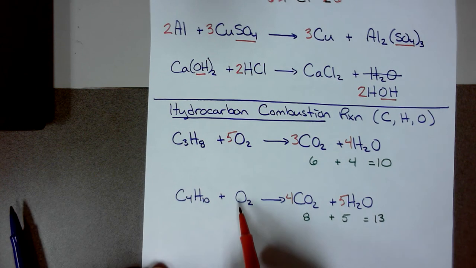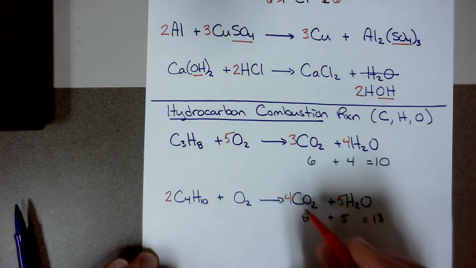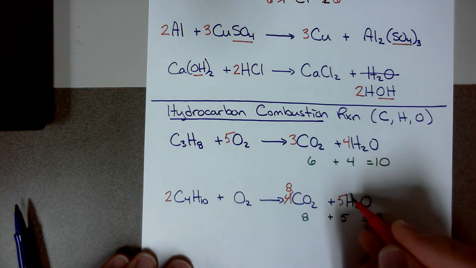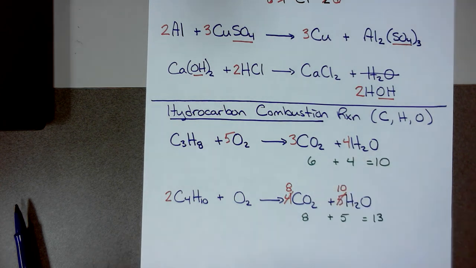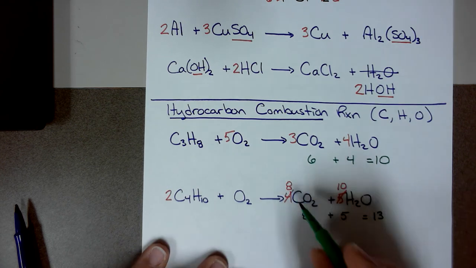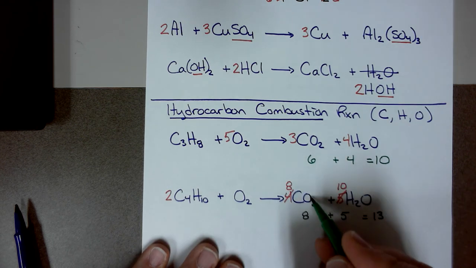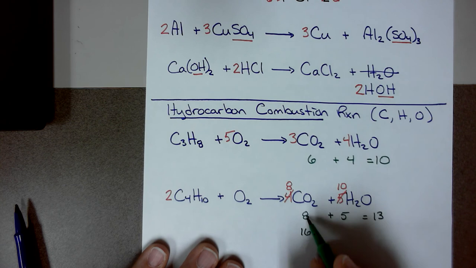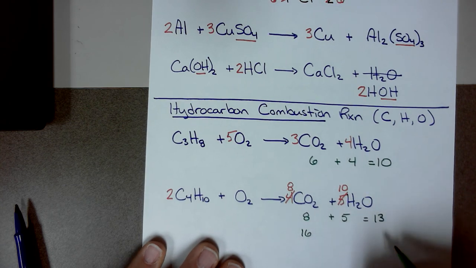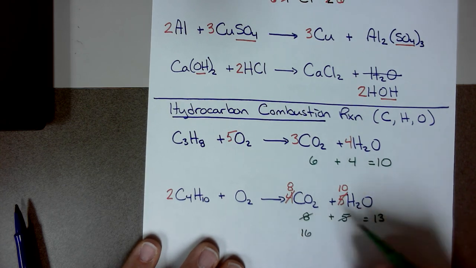So I go 2, 8, 10. Now I'm going to count my oxygens again. So 8 times 2 is 16. So now I have 16 oxygens. And then 10 times 1, so that's 10.